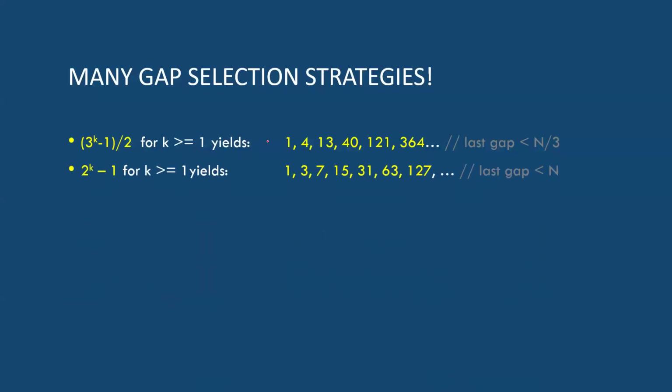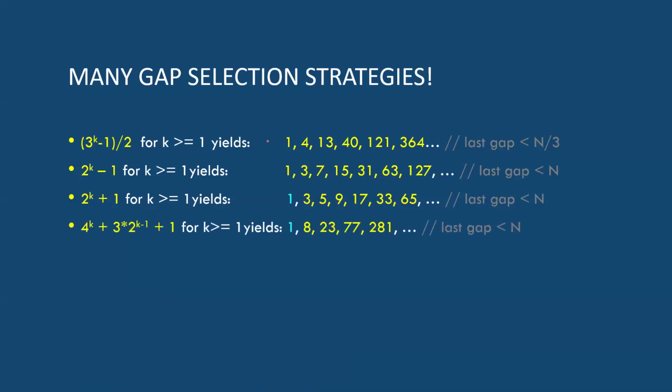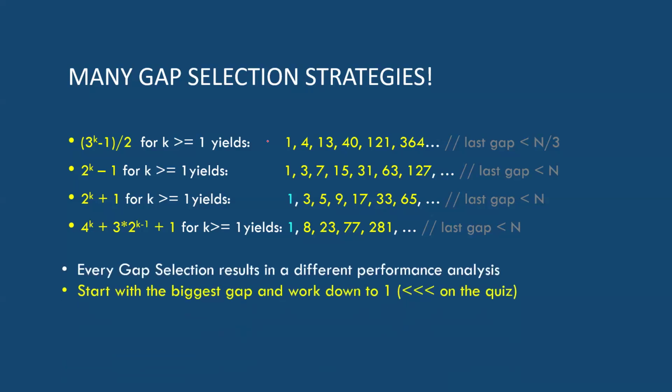Other algorithms say 2^k - 1 for choosing our gaps. It's kind of crazy, but there's a lot of math and theory behind deciding on these equations for choosing gaps. Lots of ways to actually do that. And then we work down until we get to 1. That's the whole idea. Start at the biggest gap, slowly bring ourselves down to 1, which is essentially our insertion sort.